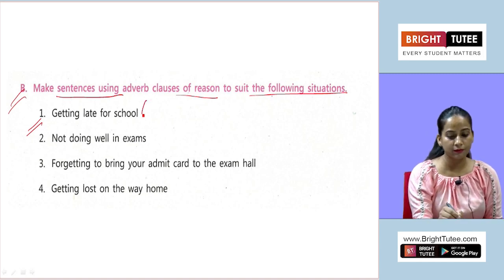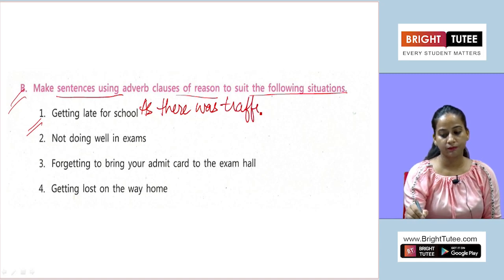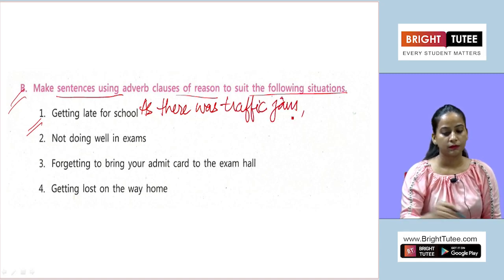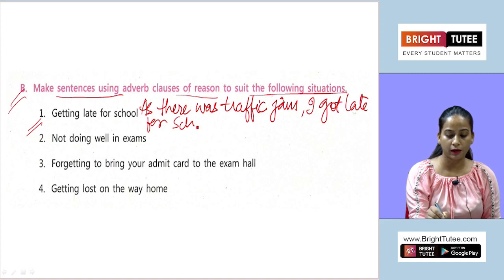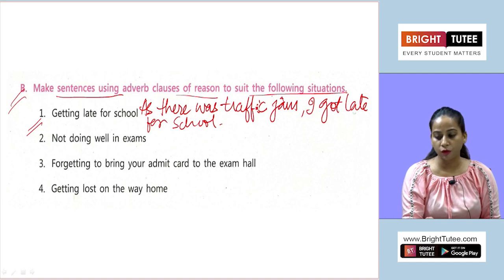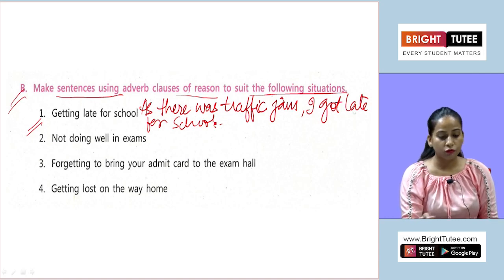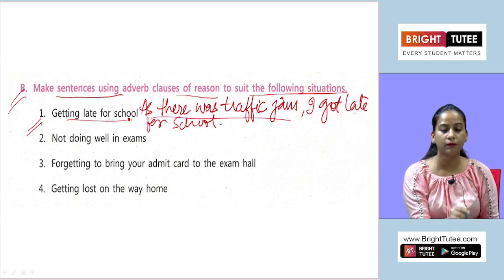So you can mention, as there was a traffic jam, I got late for school. Or any other reason you could mention, as I was out, so I got late for school, or as I got up late, I got late for school. So these are a few examples, and it is up to you what particular reason you are going to give for the given situation.